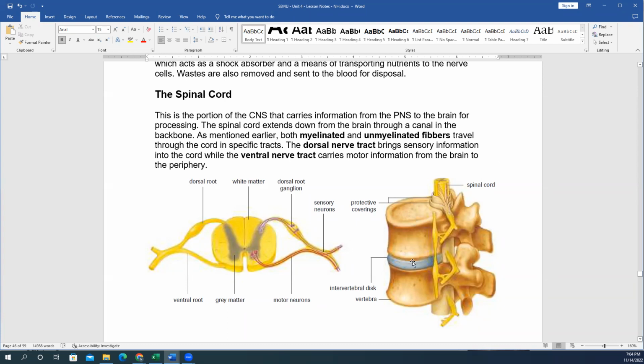And as we talked about here, both myelinated and unmyelinated fibers then travel through the cord in these specific tracts that bring sensory information into the cord, while you have the ventral nerve tract carrying motor information from the brain out to the periphery.